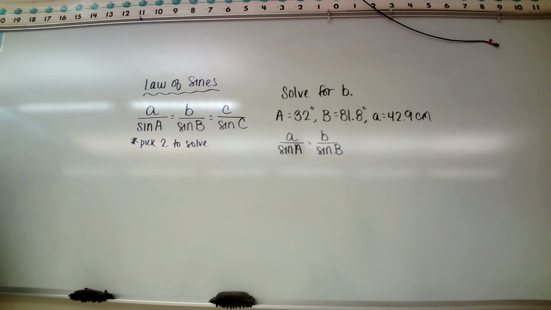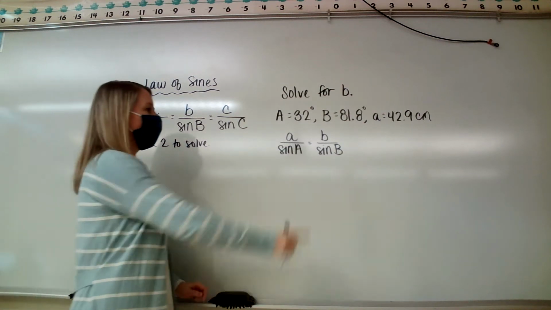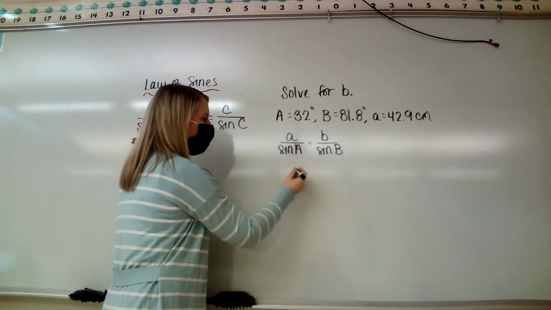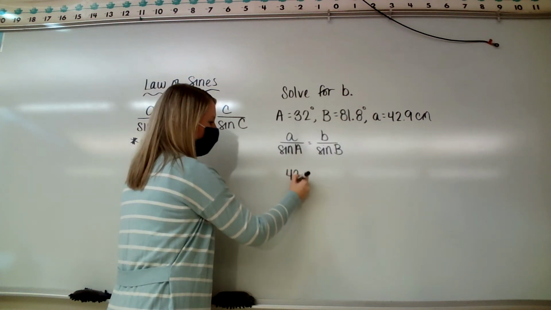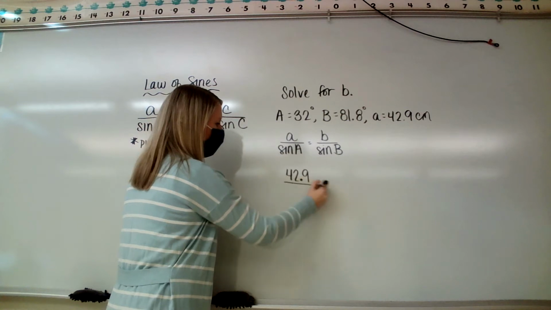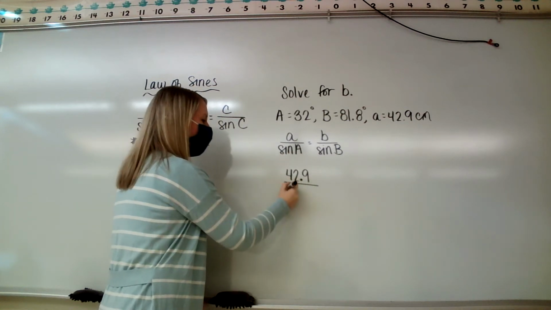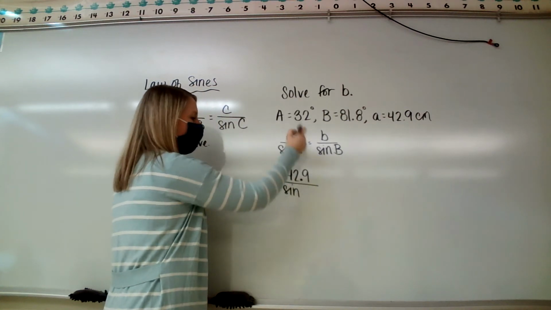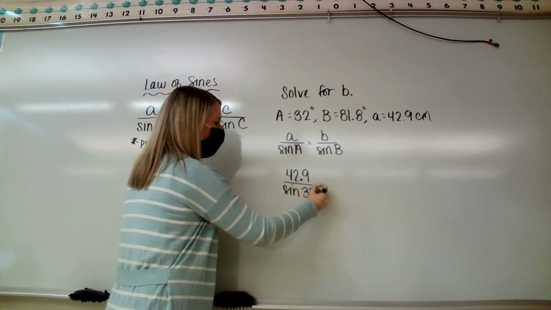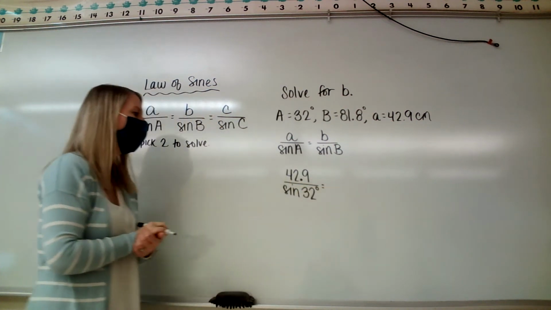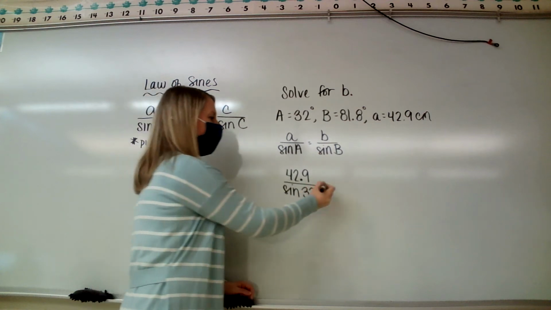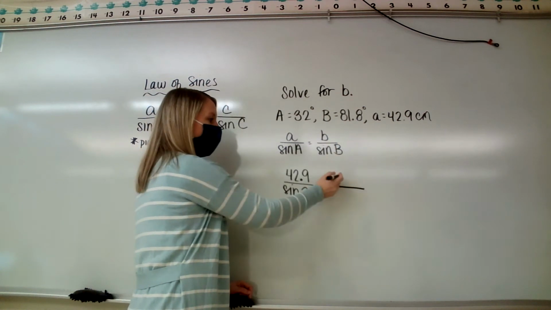So all we're going to do, this is basically trig. We plug into a formula and we solve. Okay, we can do that. So side a is 42.9 over sine of angle A, and angle A is 32, equals, on this side, I don't know side b, so that's what I'm solving for.